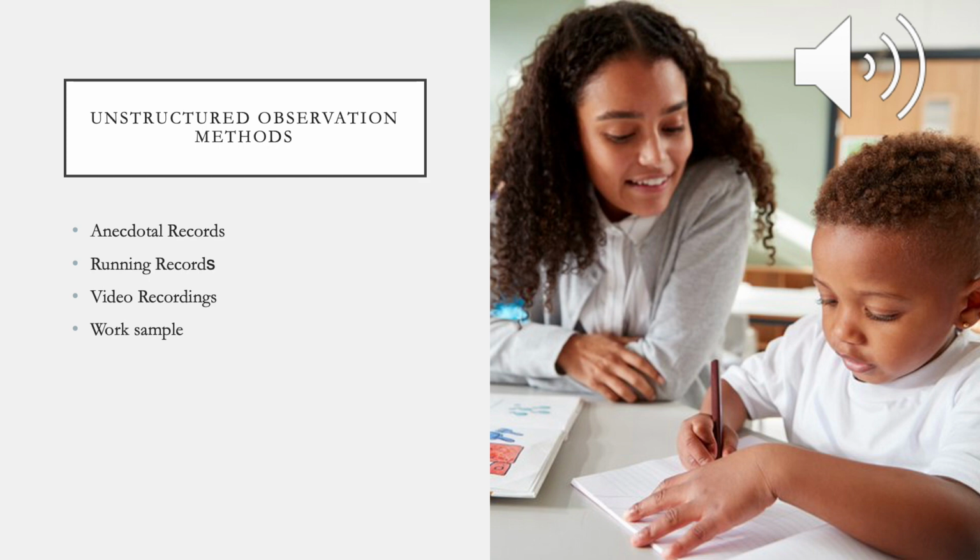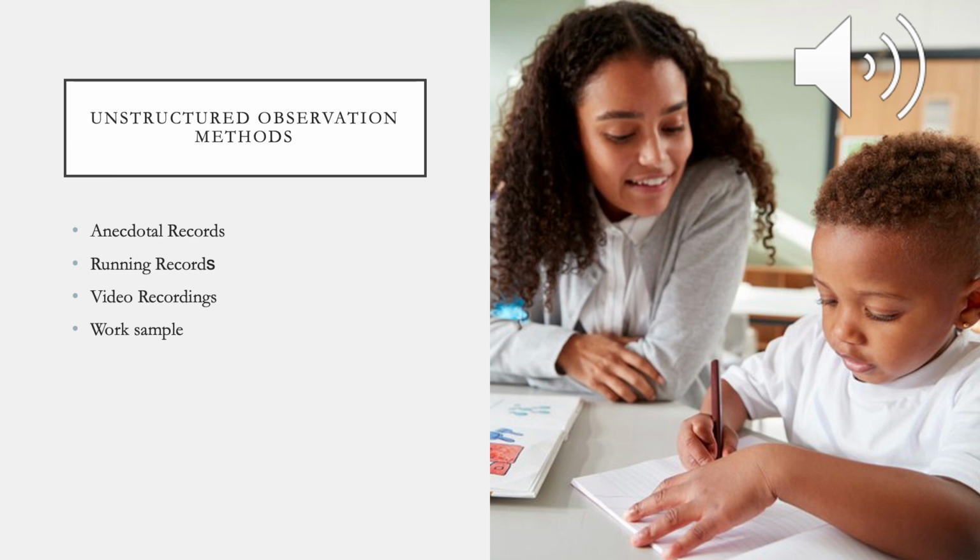And then last but not least, we have work samples. So using work samples, whether it's a physical copy or in the form of a picture, can be a great way for teachers to see the construction of how a child's play came to be.